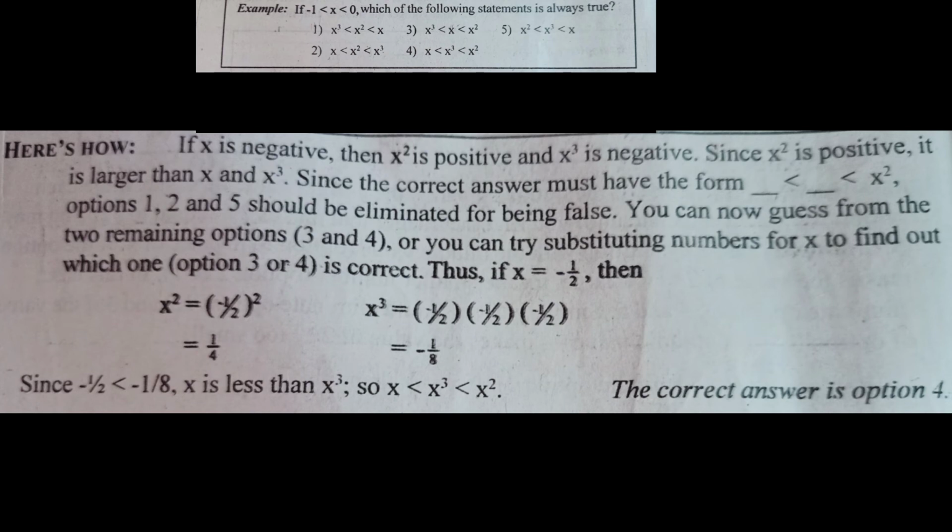Since negative 1/2 is less than negative 1/8, x is less than x cubed. So the pattern would be x less than x cubed less than x squared. So the correct answer is option 4.